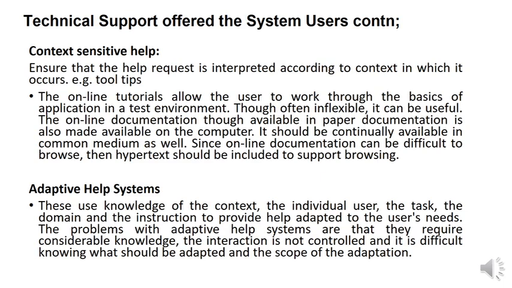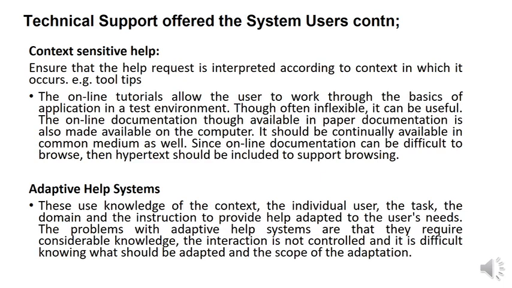Adaptive help systems use knowledge of the context, the individual user, the task, the domain, and the instruction to provide help adapted to the user's need. The problem with adaptive help systems is that they require considerable knowledge.